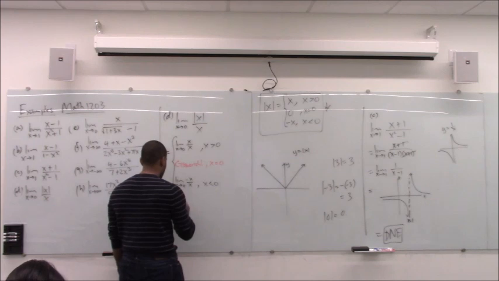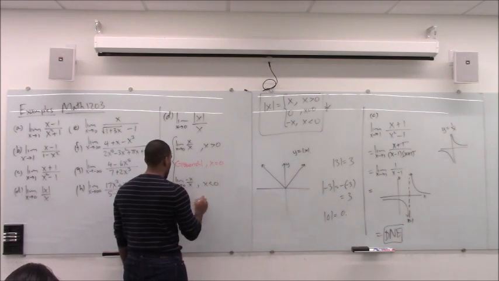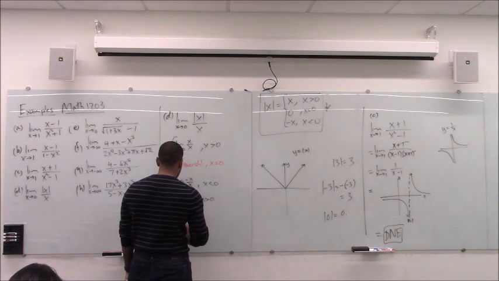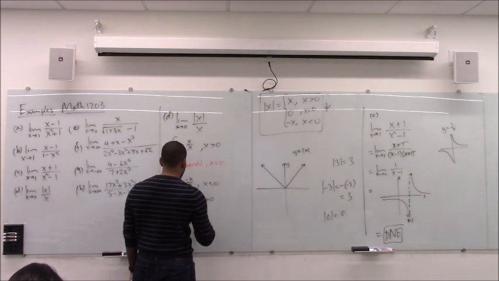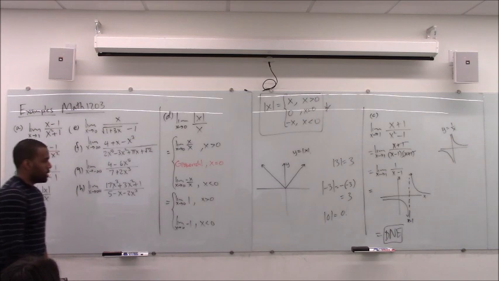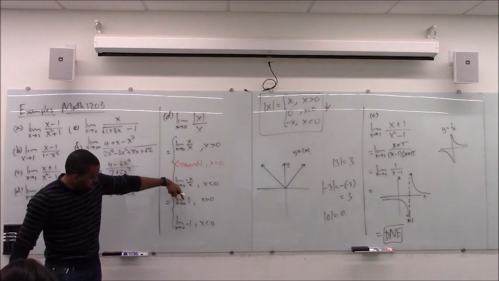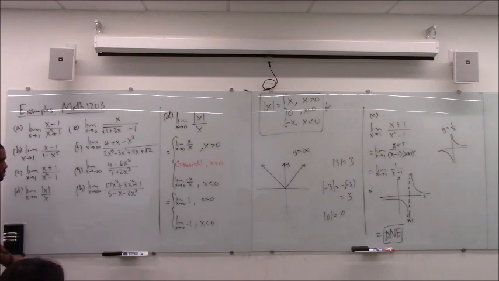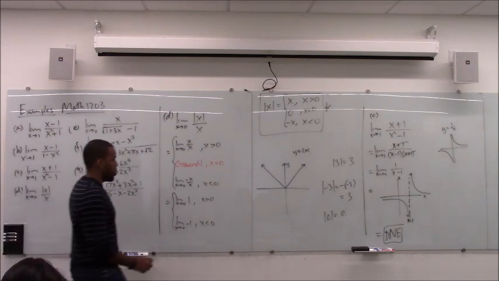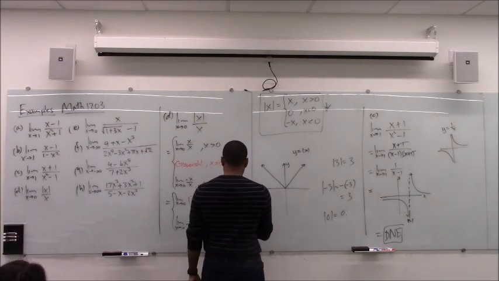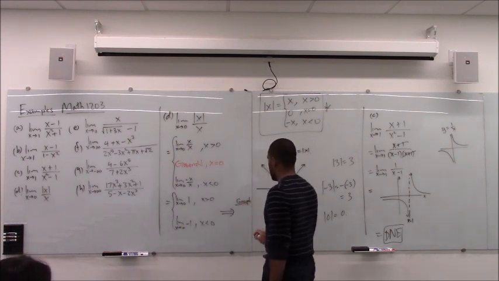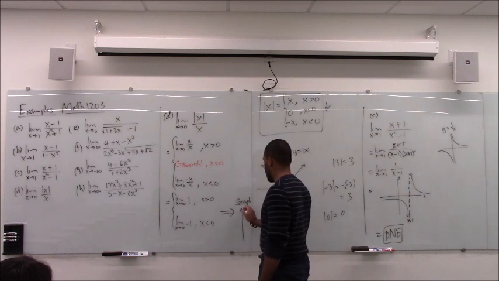Notice that you can actually simplify this. That simplifies to 1 if x is positive, and to negative 1 if x is negative. Technically, you could put one-sided limits here, a little plus sign and a minus sign, but you'll essentially get the same thing. This will also tell you what the graph looks like.